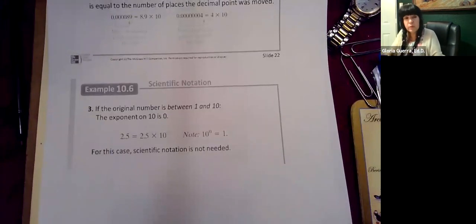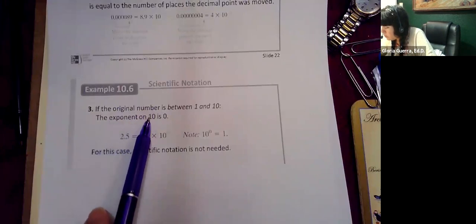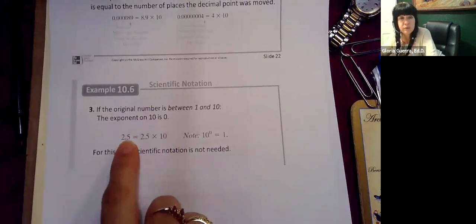So this is part 3. So this says that if the original number is between 1 and 10, so like I guess like this 2.5, it's a number between 1 and 10. The exponent on 10 is 0.